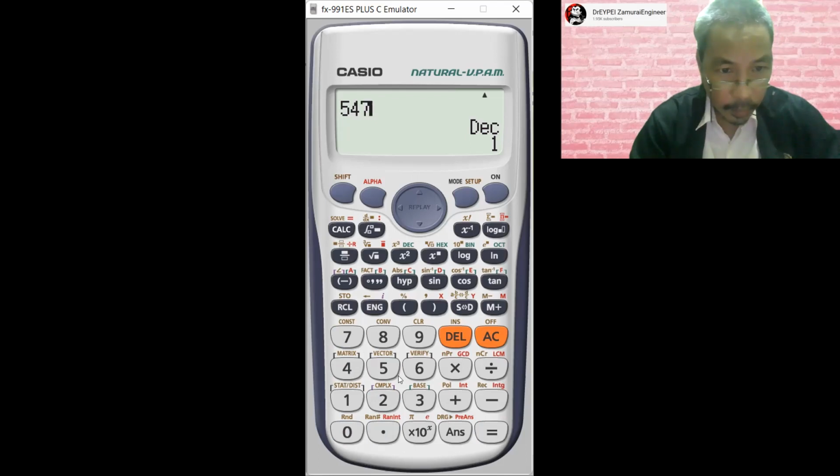54.75. So point. Hindi siya nalalagyan ng point, no? Hindi siya nalalagyan ng point.